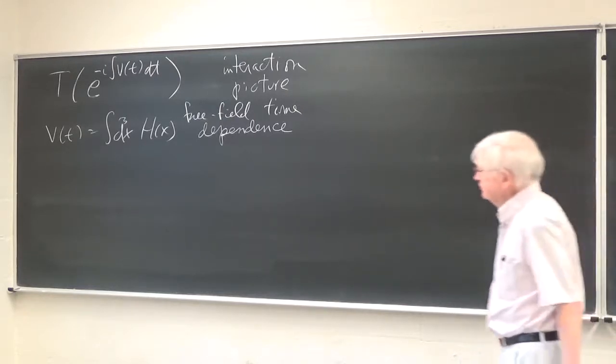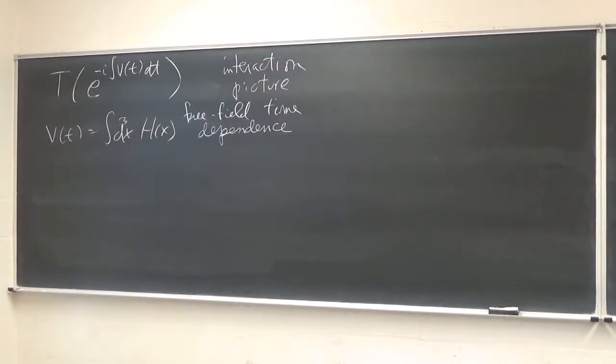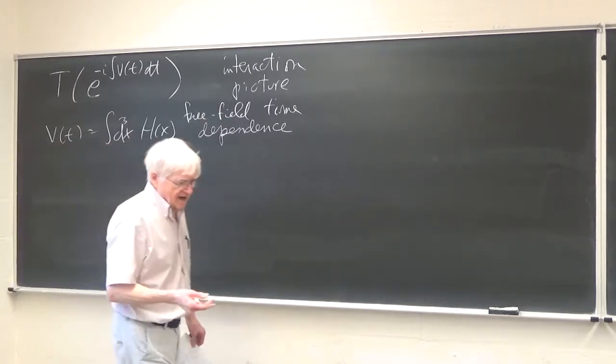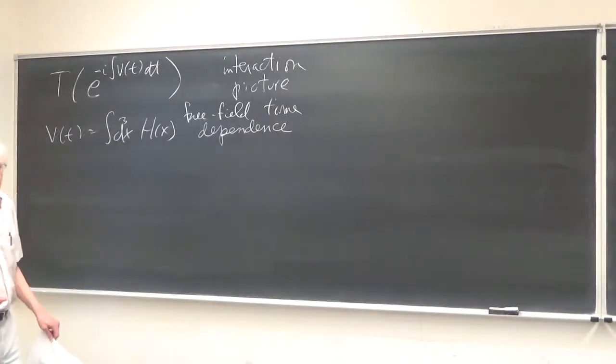So you have just harmonic oscillators for the bosons. For fermions, for each momentum and spin state, you have either no particles or one particle.